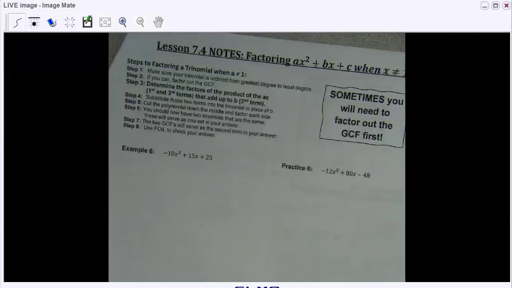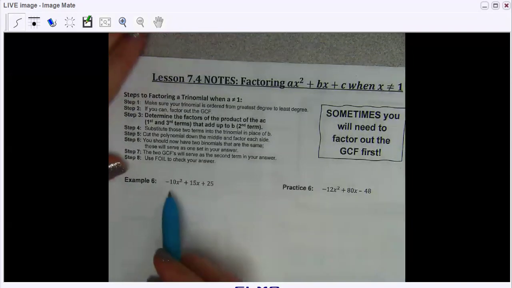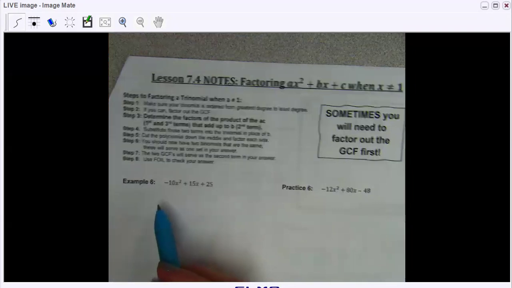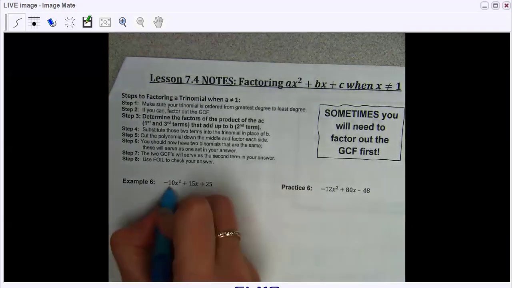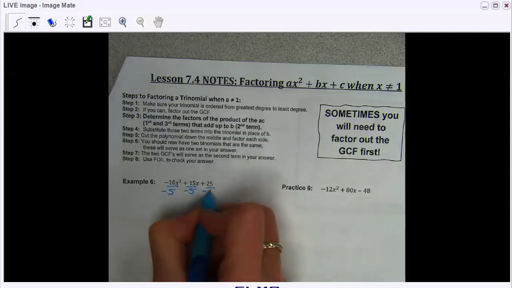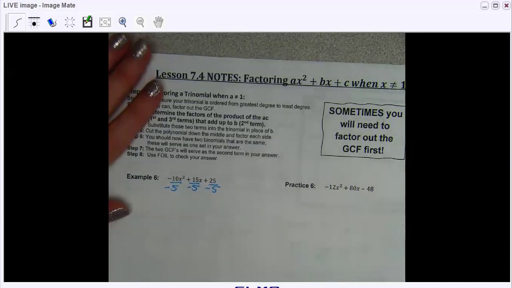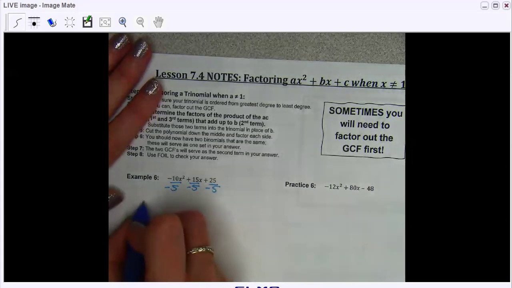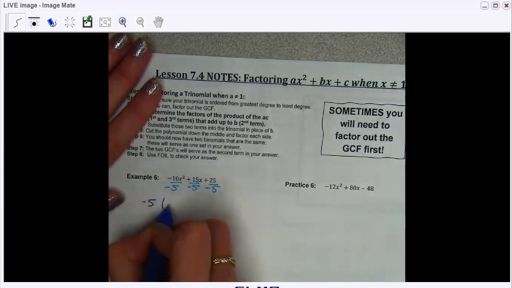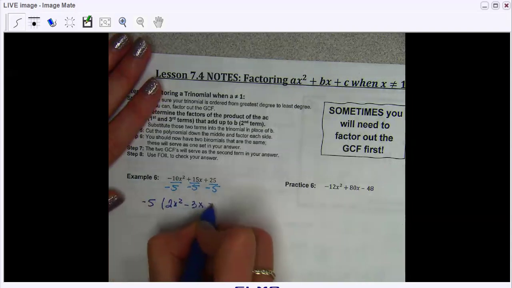So page 3, we're just dealing with some negatives at the beginning. So I put these on here just to remind you that if the first term is negative, you must always factor out a negative. So in this first one, the GCF is a negative 5. So when you factor this out, you're going to have a negative 5 on the outside, and then 2x squared minus 3x minus 5.